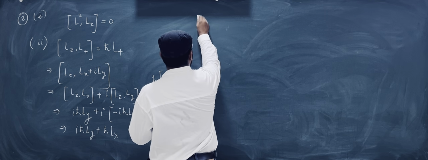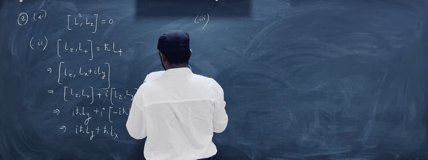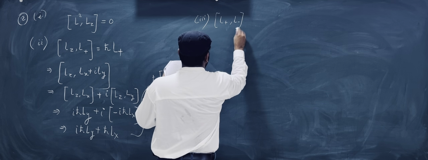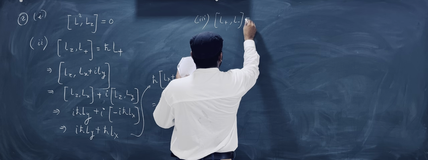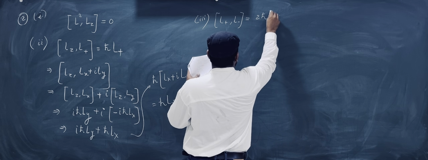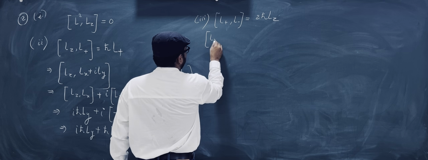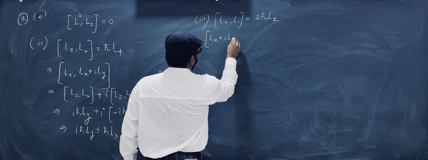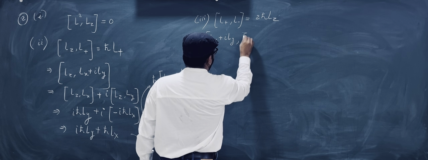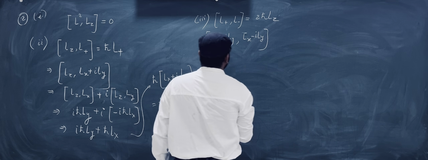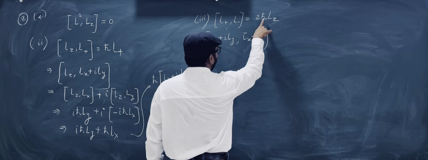Number 3 is we have to prove that L plus L minus is 2h cross Lz. So this can be written as Lx plus Ly and Lx minus Ly. We have to prove that this thing is equal to this.